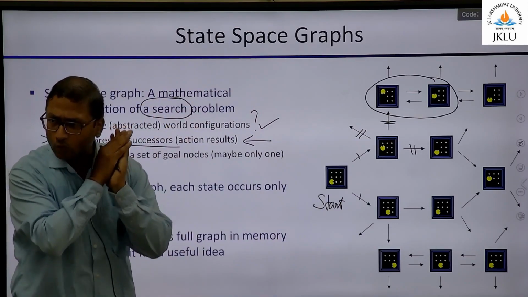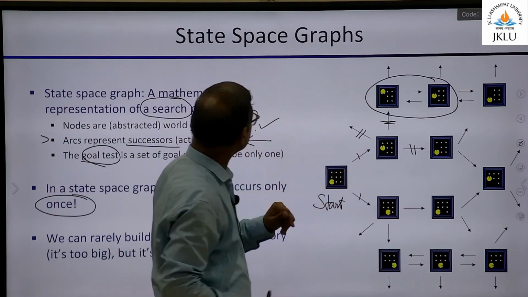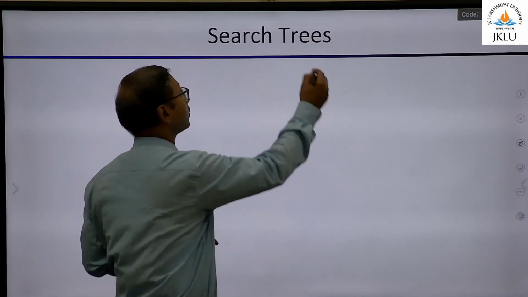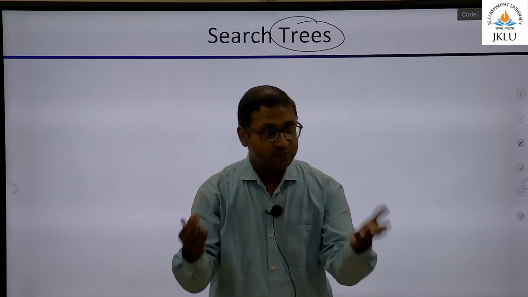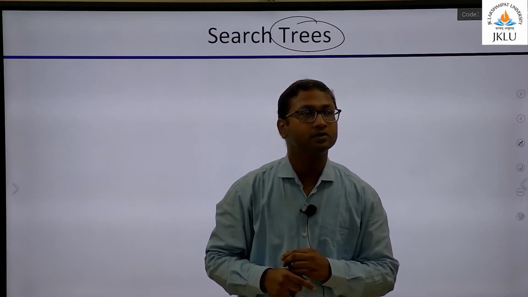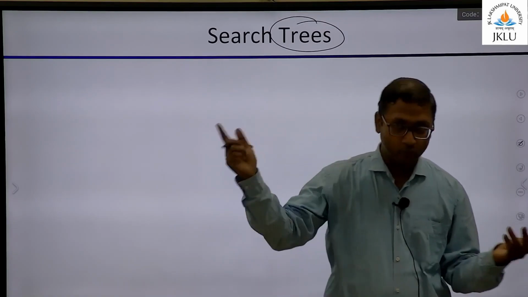That means the total possible configurations you can have. Whereas if I am asking you for a search tree, look, the name itself has tree. A tree is a special kind of graph in which there are no cycles, right?